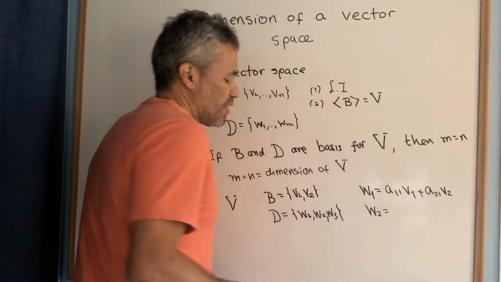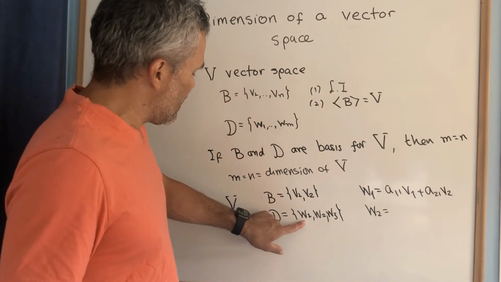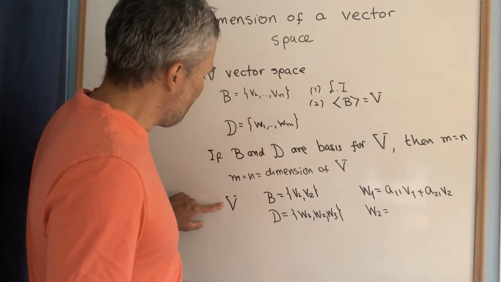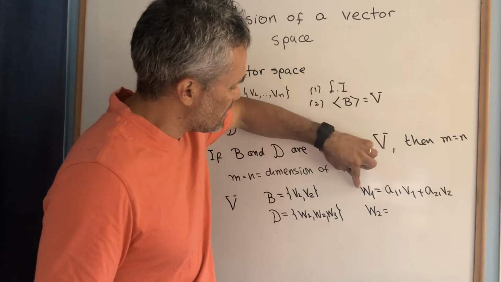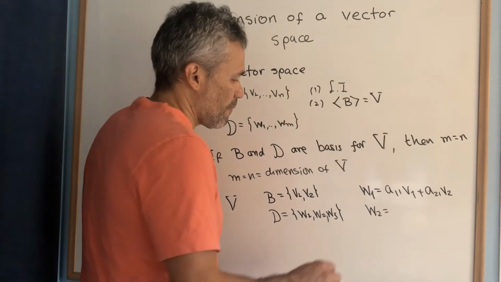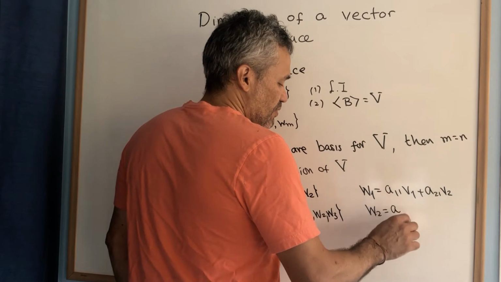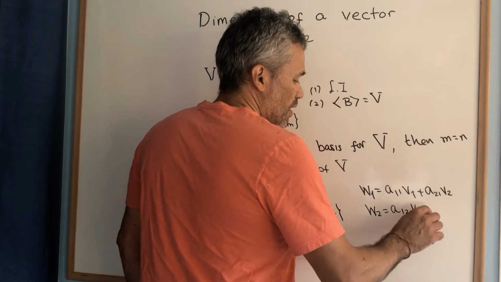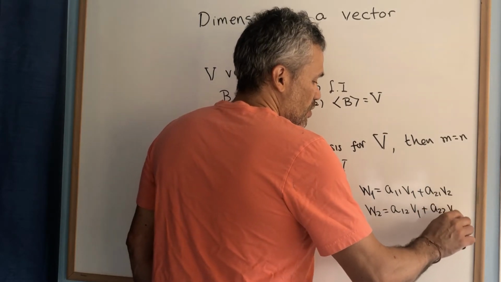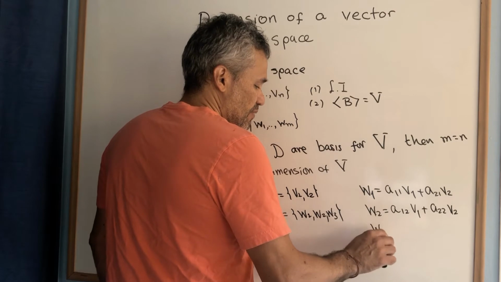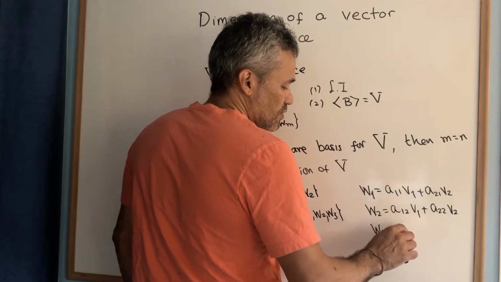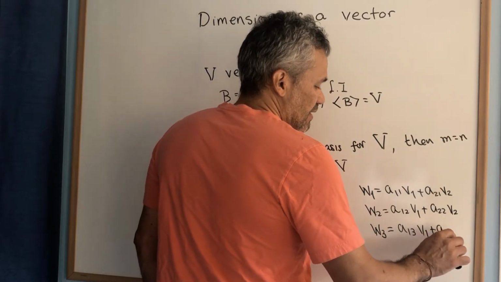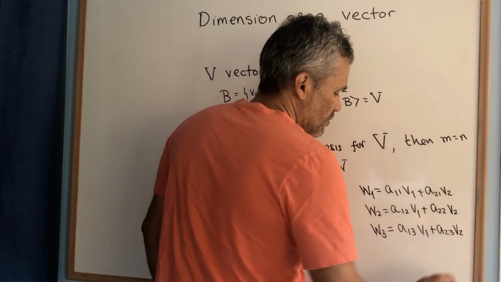Because w1 is an element in V and these two vectors span the whole vector space, then I can find weights such that I generate this vector. w2 can be written as a pair of scalars, a12 b1 plus a22 b2, and same thing for w3. This is equal to a13 b1 plus a23 b2.